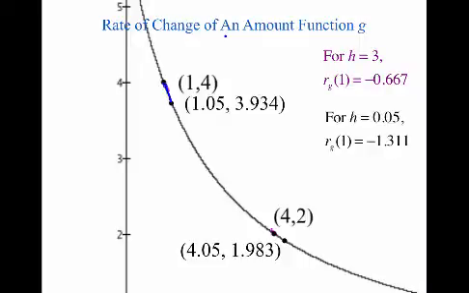For x equals 4, I gave you a second point on the curve. Go. Okay, you should get negative 0.33.